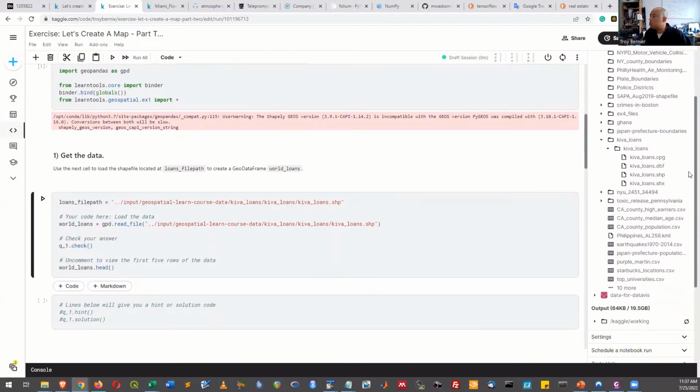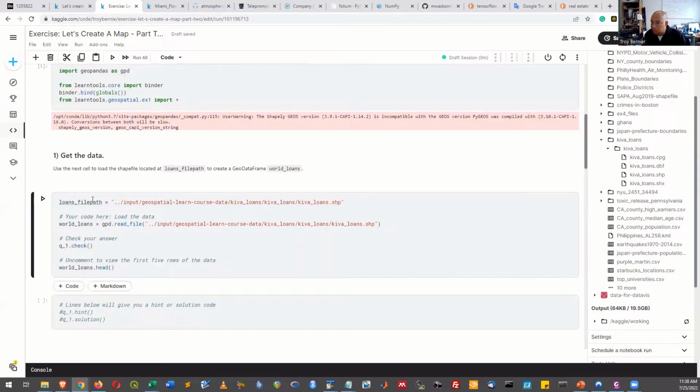Okay, these are the loans. There's a database file, there's a shape file, there's an index file. So we're going to grab that data. We're grabbing the shape file, and we're calling that the loan file path, where the data is located.